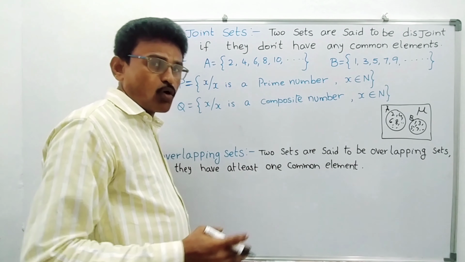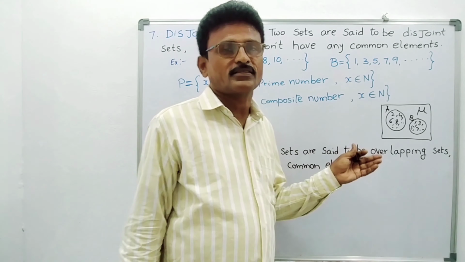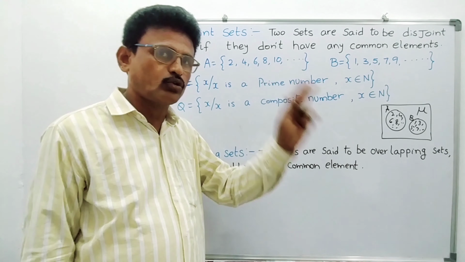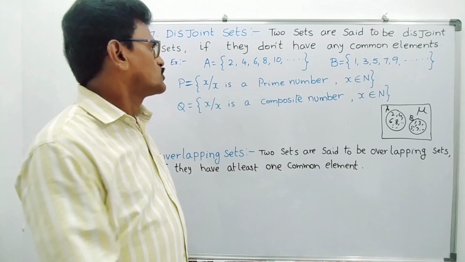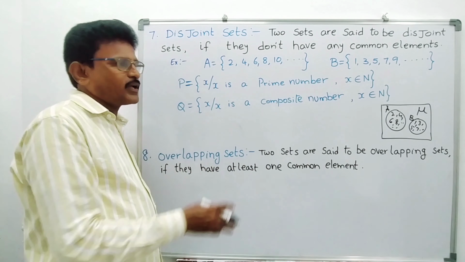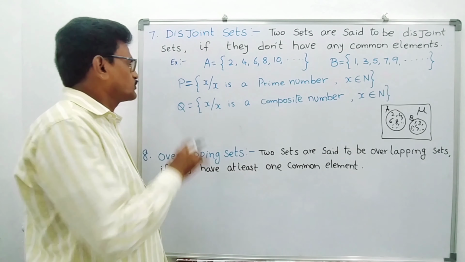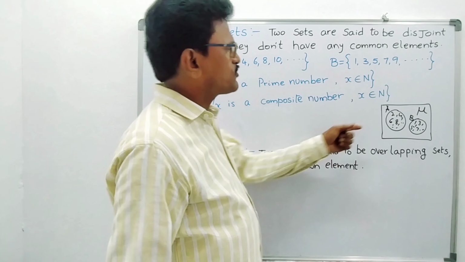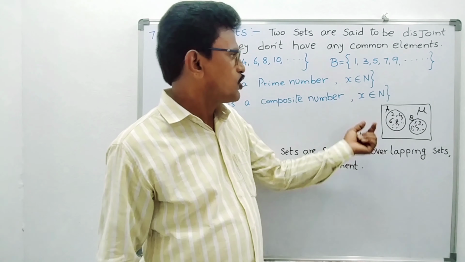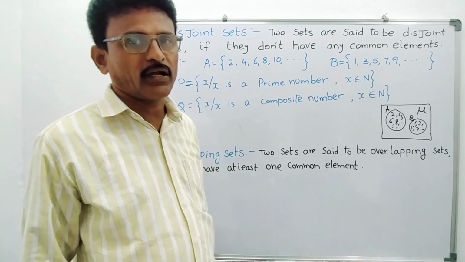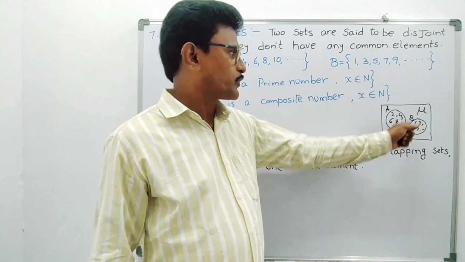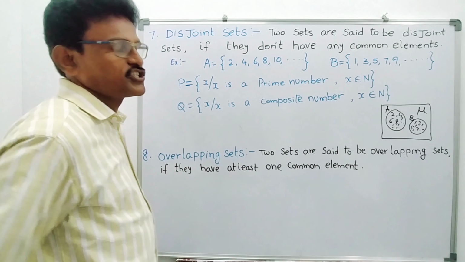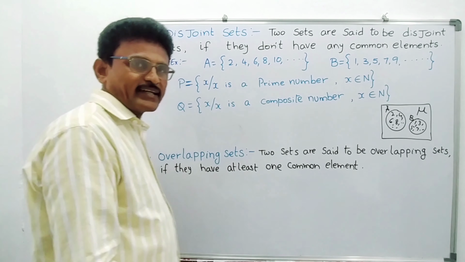These have more than 2 factors, so they are composite numbers. These have exactly 2 factors, so they are prime numbers. A prime number is not a composite number. So these two, P and Q, are also disjoint sets, right? Like this only we can represent: in the universal set, one set P, prime numbers, and the set Q, composite numbers. Okay? Disjoint sets.